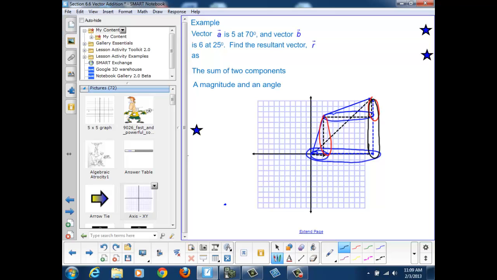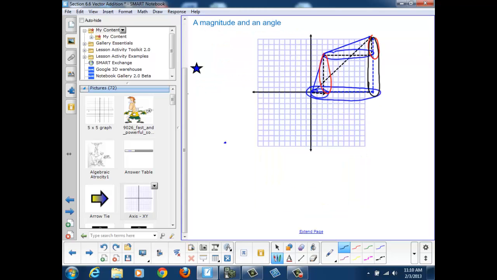So the first thing I do is break down each of my two vectors into their components using our formula. The first vector is 5 at 70 degrees. So vector A is going to be 5 cosine 70 i plus 5 sine 70 j.